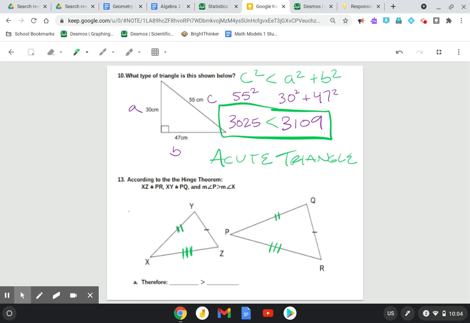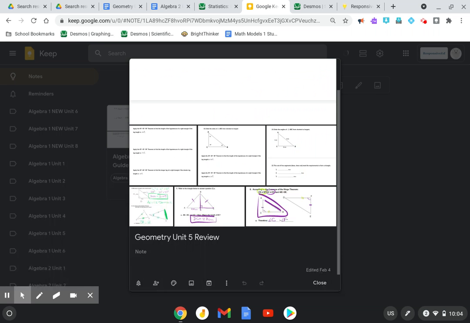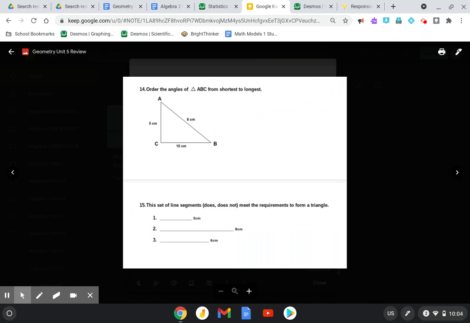Angle P is greater than angle X. That means that this side is longer. So then we know that QR is greater than YZ, because the angle P is bigger than the angle X and everything else is the same. And again, we covered that quite in length.